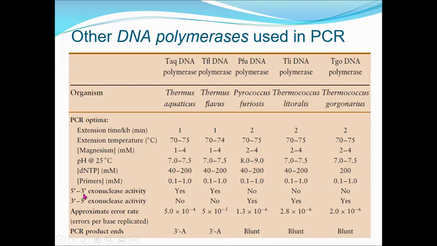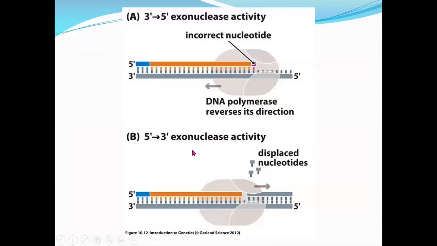Then comes the 5' to 3' exonuclease activity, which means the strand displacement activity. If you have some strand already there and the DNA polymerase is extending, it will displace that strand and continuously synthesize its own complementary strand.